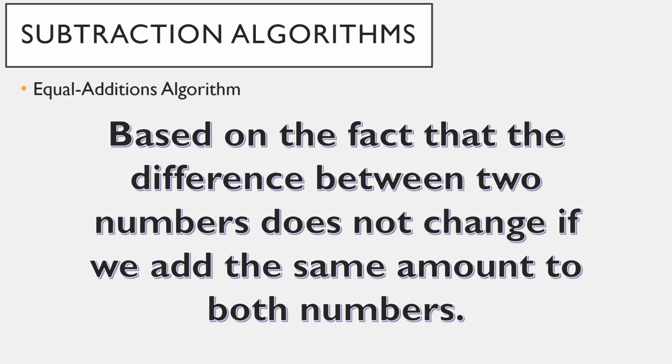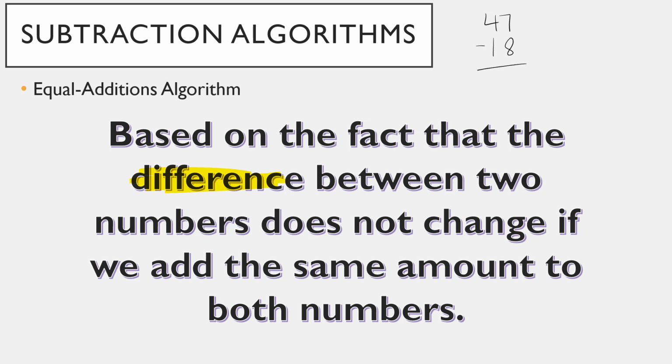So this algorithm is based on the fact that the difference, referring to subtraction here, between two numbers does not change if we add the same amount to both numbers. All right, so basically, if you have something like 47 minus 18.